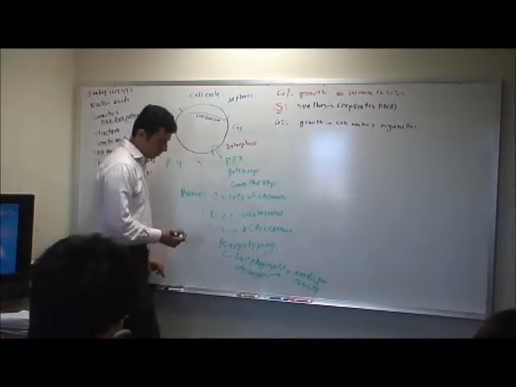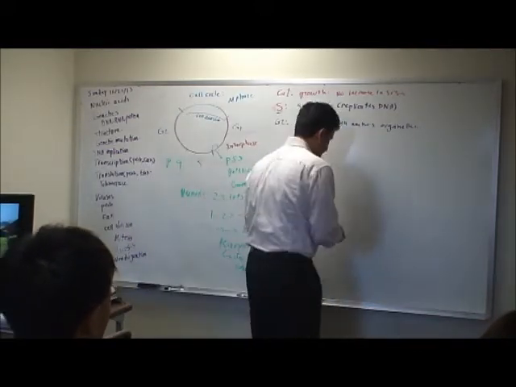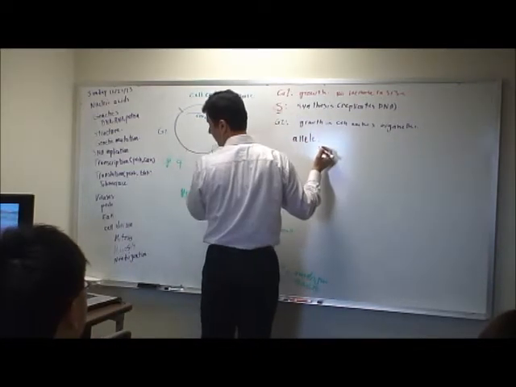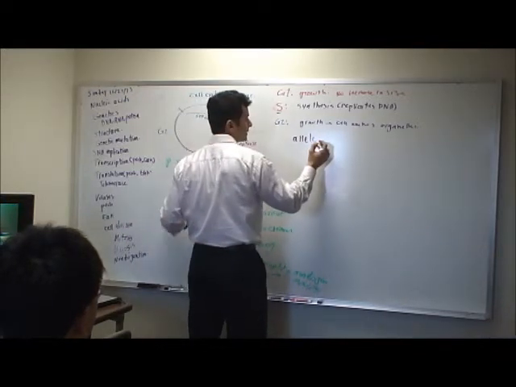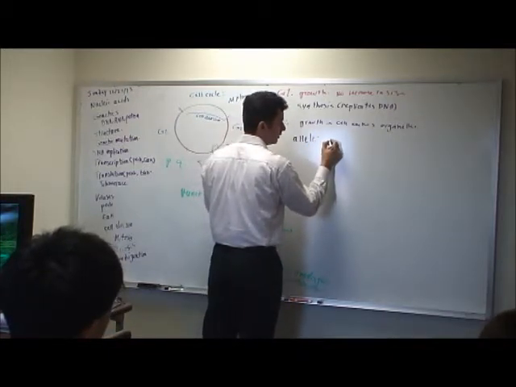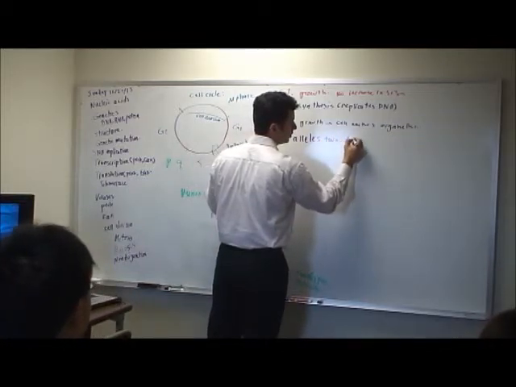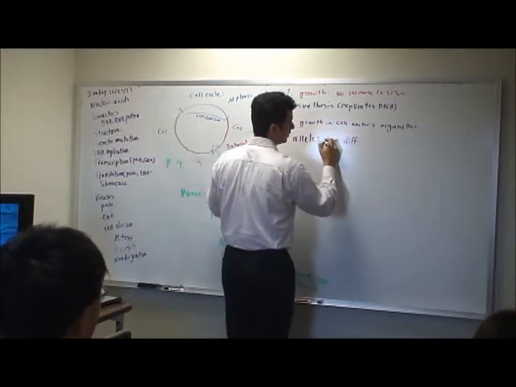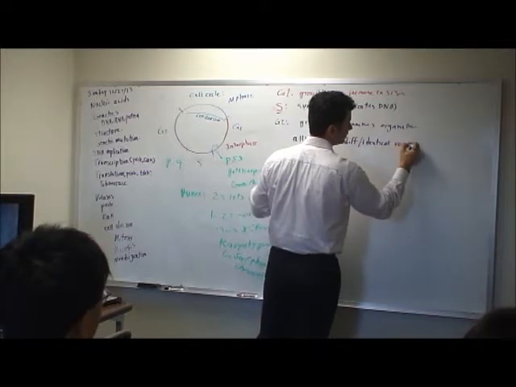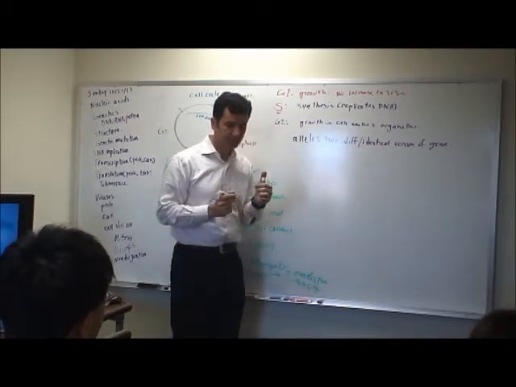Okay, a couple of terminologies before we delve into this. What is an allele? It's a version of a gene. So alleles are two different or identical versions of a gene. What is a trait?